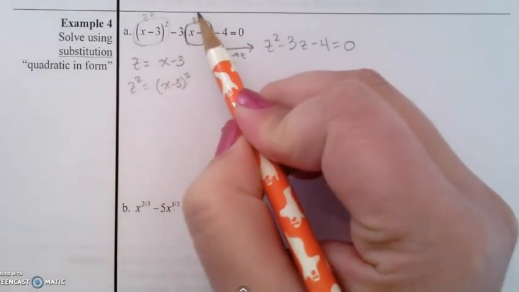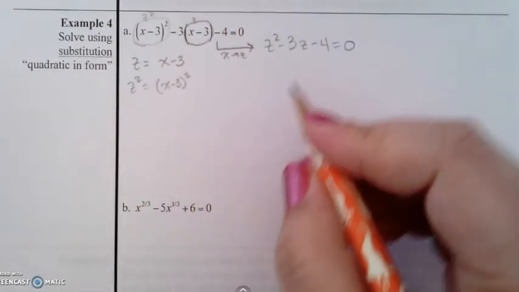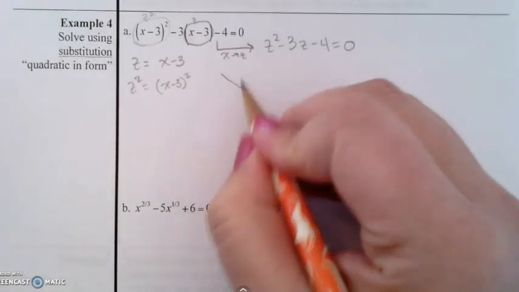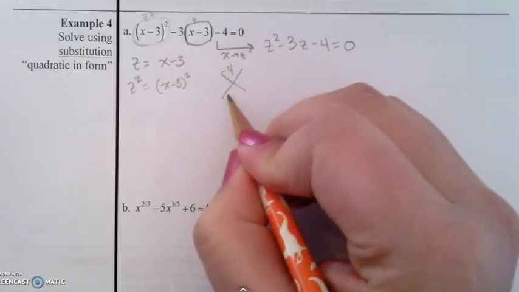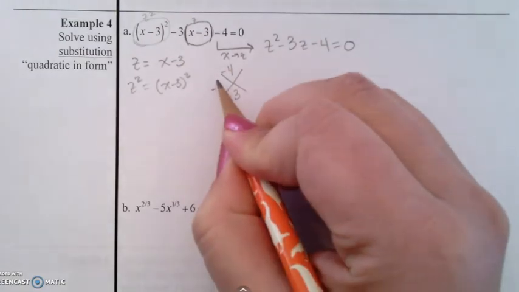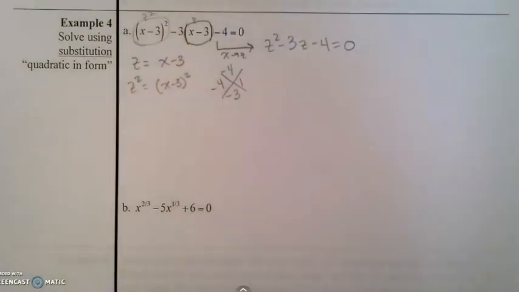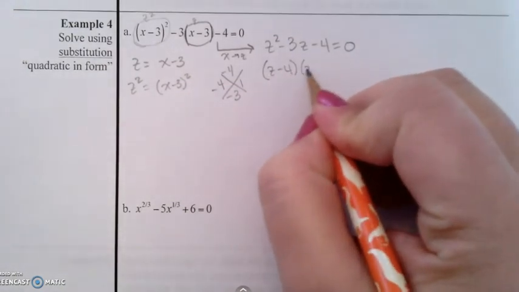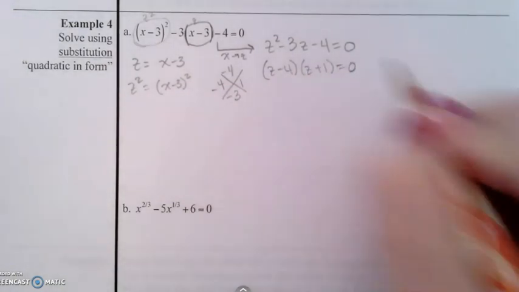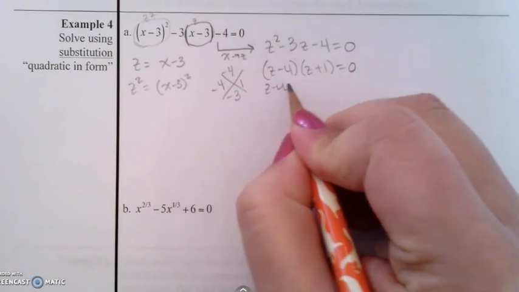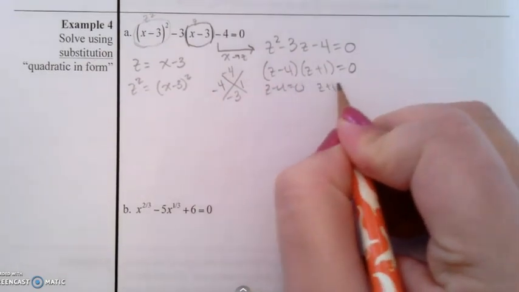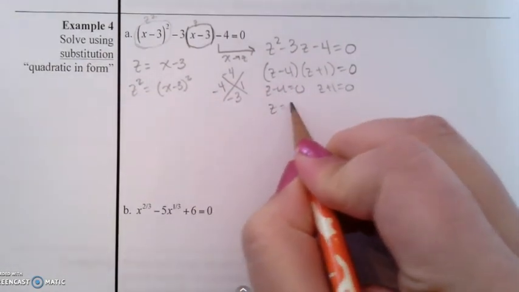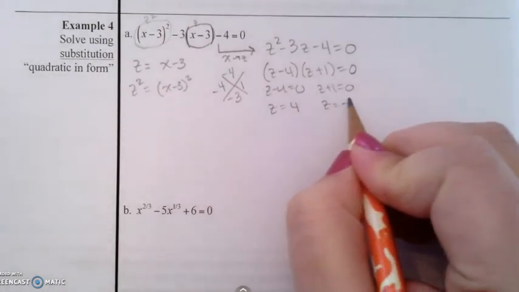The second term, I replace part of it with z. And then we say, does it factor? Are there 2 numbers that multiply to -4 and add to -3? Again, that's -4 and 1, which means that this factors into z minus 4 times the quantity of z plus 1 equals 0. Set each factor to 0. So then z equals 4 and z equals -1.